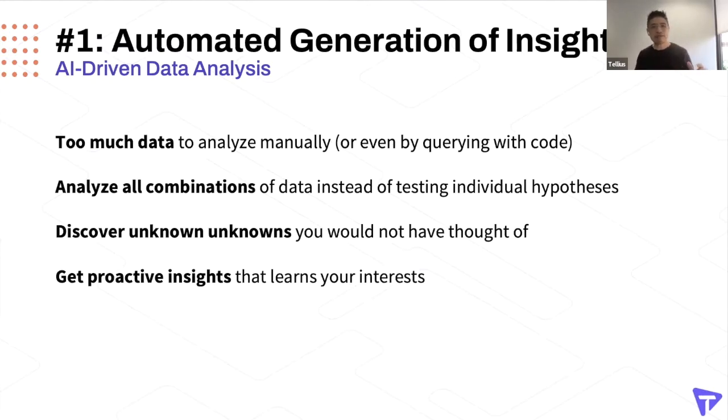Okay, and so what the automation allows you to do then is to analyze all the possible combinations of data that you have. So instead of coming up with a hypothesis and then testing each one of those hypotheses individually, why not utilize the compute power that you have available to you to actually look across all of your data to find and discover the insights that you need at a really granular level.